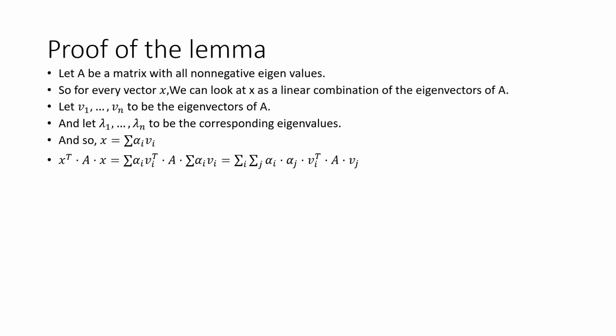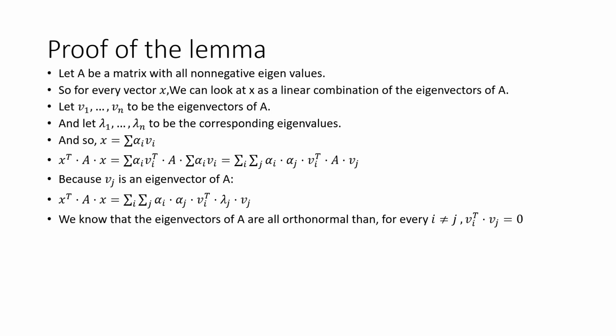By changing the order of multiplication and summation, we can see that this is equal to the summation over i and the summation over j of alpha i alpha j vi transpose A vj. Because vj is an eigenvector of A, we can replace A multiplied by vj by lambda j vj.